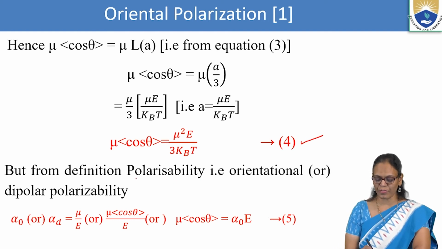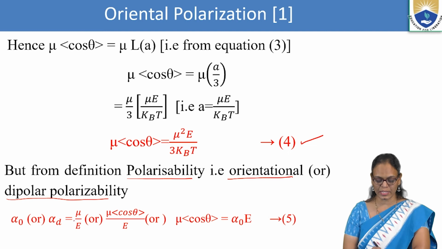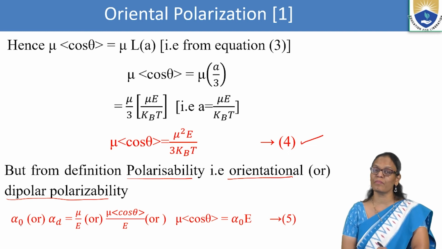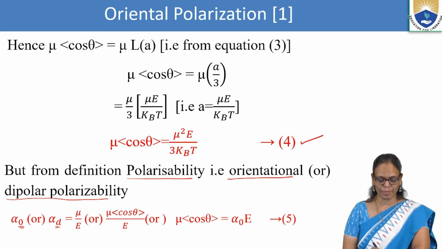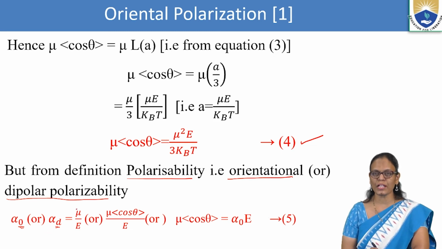Now from the definition of orientation or dipolar polarizability, we may write alpha D as alpha O, where O represents the orientation and D represents the dipolar. Both represent the same. It is μ upon E, where μ cos theta is equal to alpha naught into E.